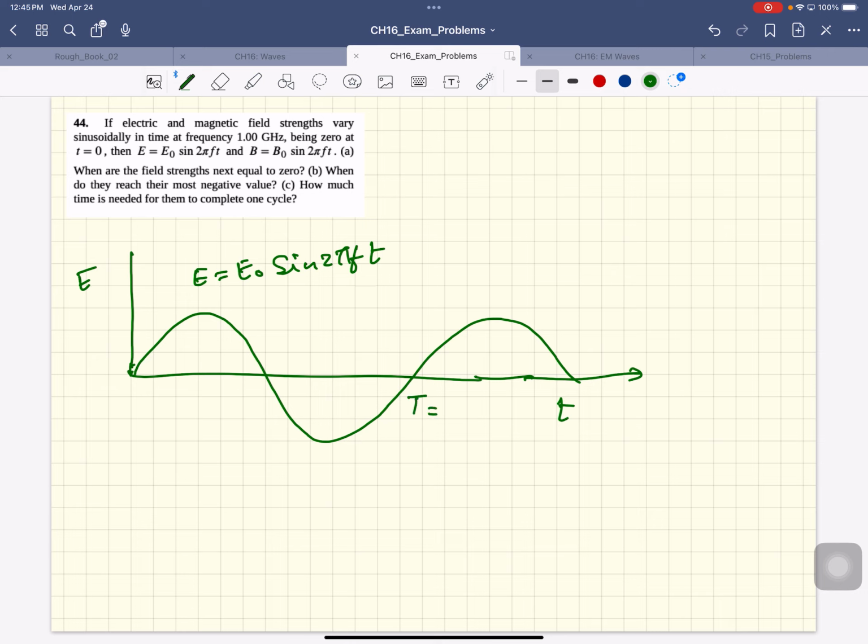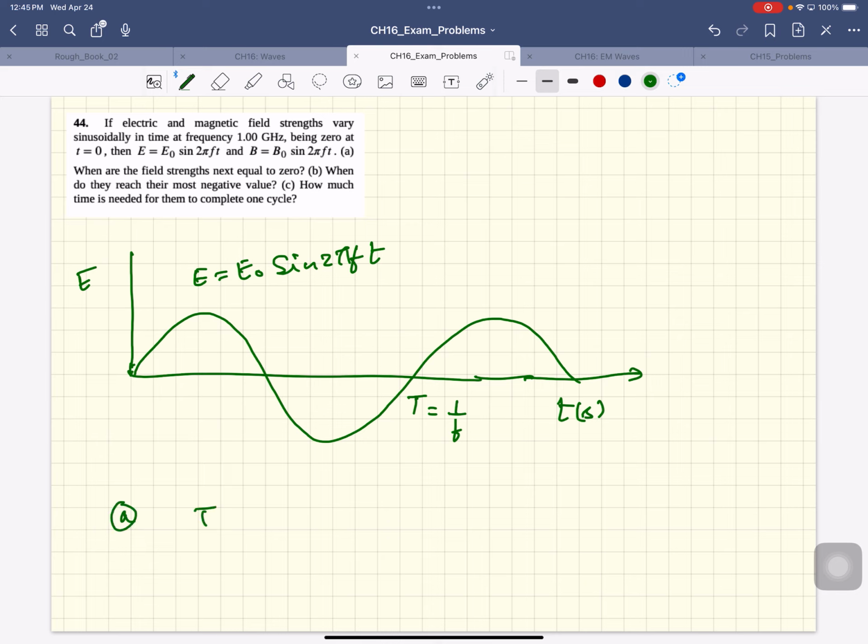And the period is inversely proportional to the frequency. And this, of course, is half a period, and so on. So the field strength is 0 at t equal to 0. When are the field strengths next equal to 0? So there'll be 0 half a period later.